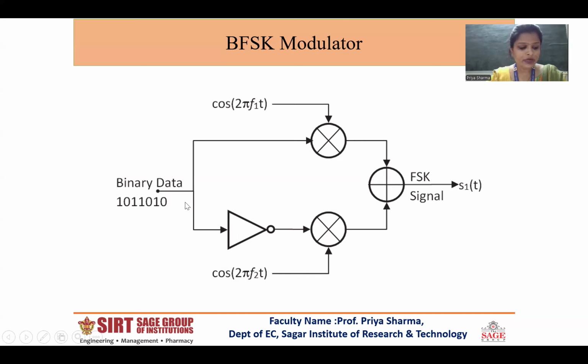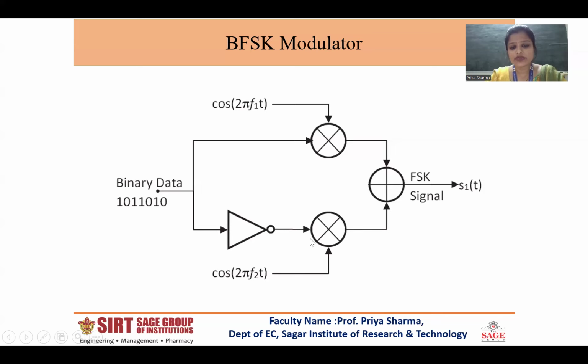Its output is applied to two independent balance modulators, let us say M1 and M2. The other inputs of M1 and M2 are the carrier frequencies generated by the local oscillators having frequencies f1 and f2. The outputs of the balance modulators are then added together in a linear adder circuit. Its working is very simple, and the resultant BFSK signal will have either carrier frequency 1 or 2. As an inverter is here, only one of the signals will be passed.